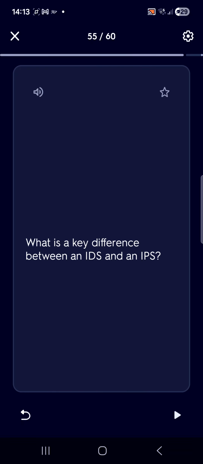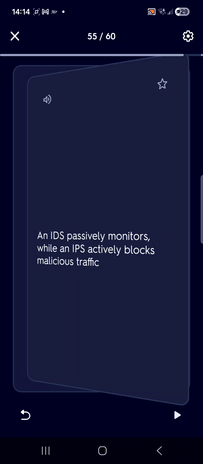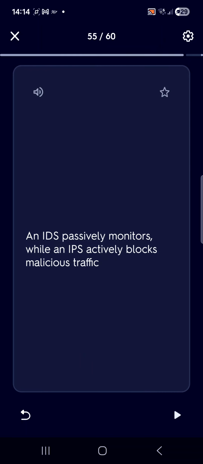What is the key difference between IDS and IPS? What does IDS stand for? Intrusion Detection System and Intrusion Prevention System.